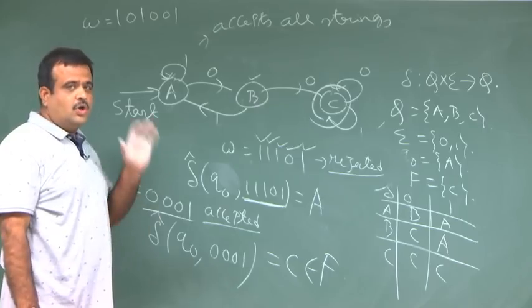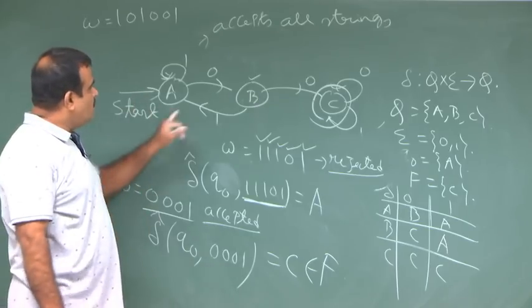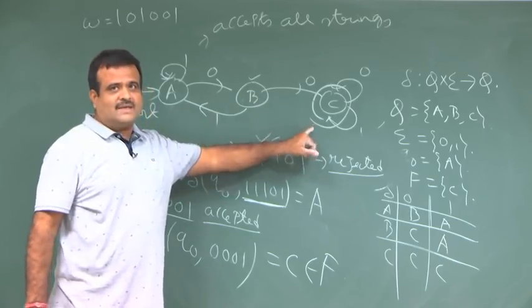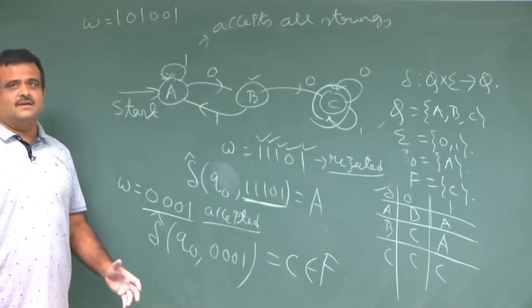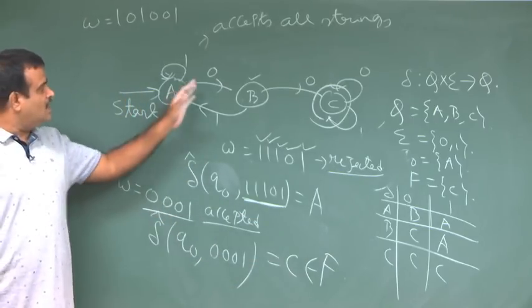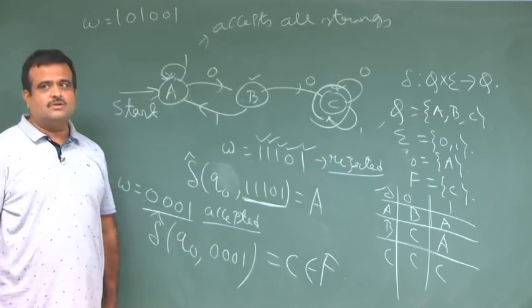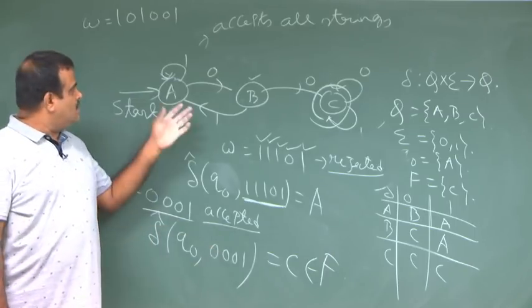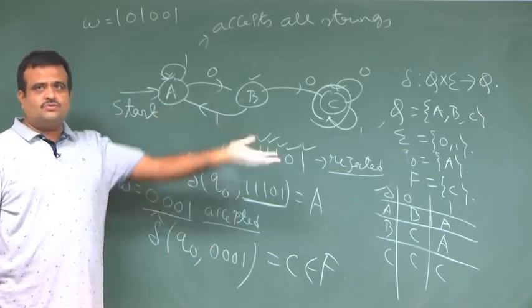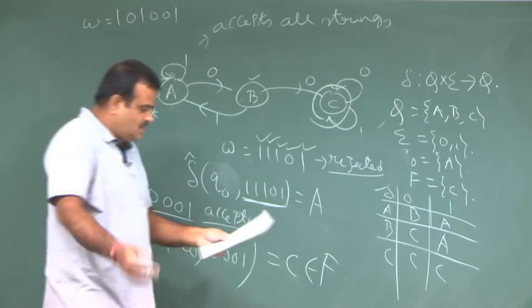which have 2 consecutive 0s, because to accept we have to reach C. So, how can we reach C? If we can see 2 consecutive 0s, because we are at A. To reach C we need to have 2 consecutive 0s, that is all.